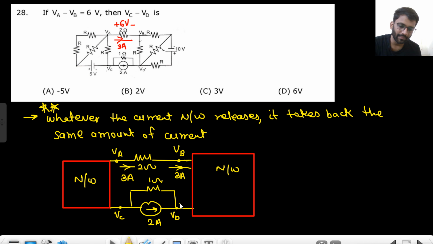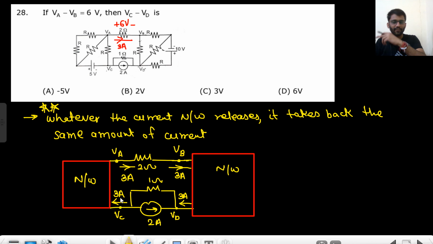That means this 3 ampere current would be coming out of this as well. If 3 ampere current is getting out of here, that means 3 ampere current would be getting into it as well. So whatever it takes, it gives back the same.